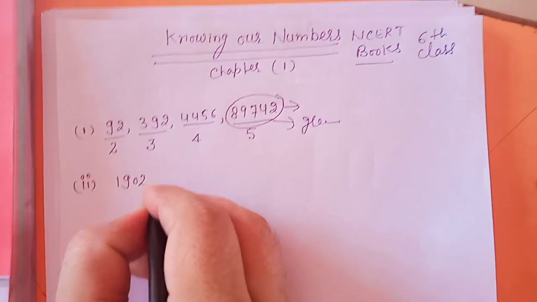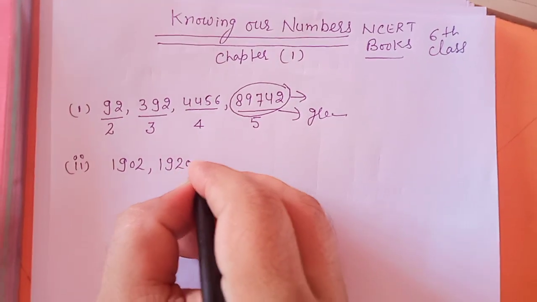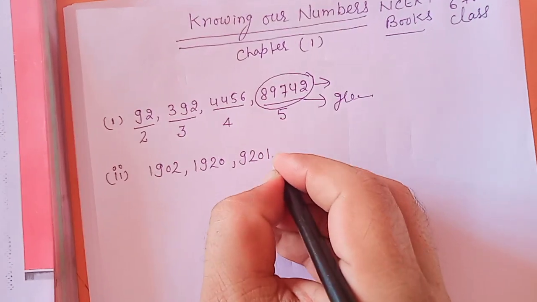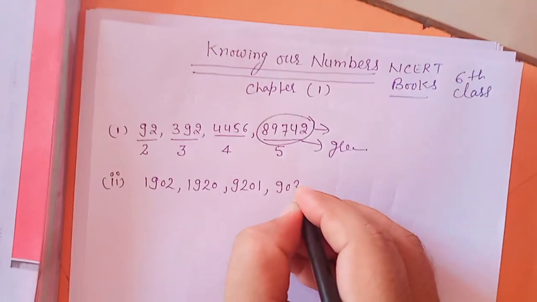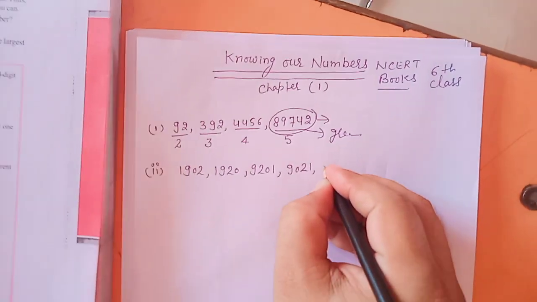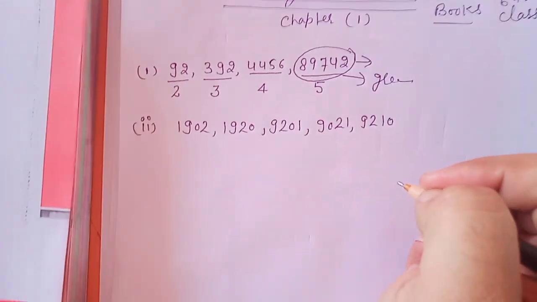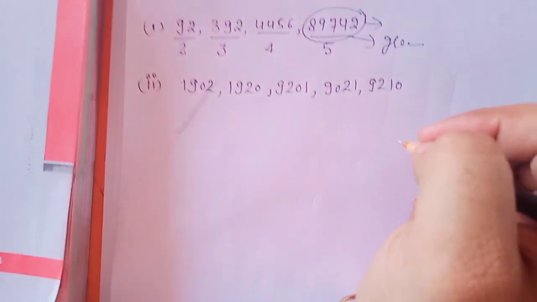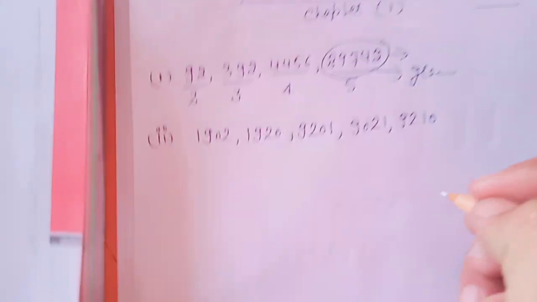Similarly, if a question is given like this, the second part is given: 1902, 1920, 9201, 9021, 9210. Yes or no? So here you have to tell which is the greatest number among these.